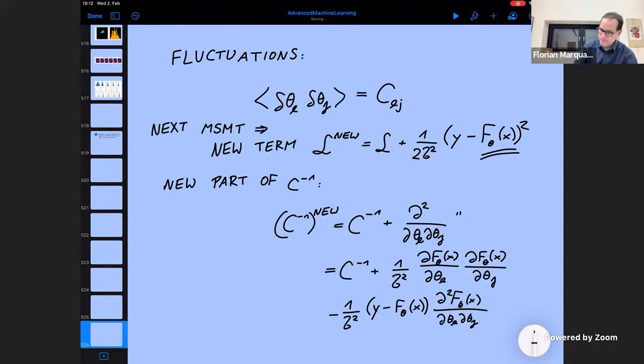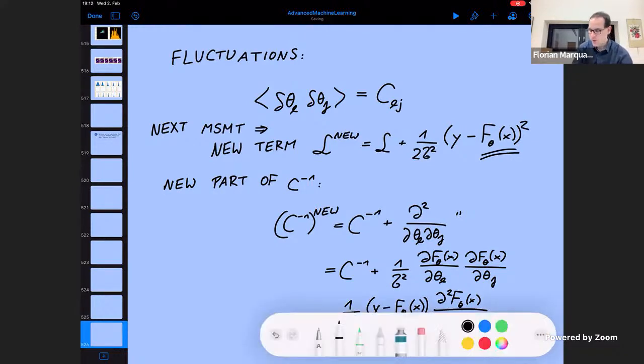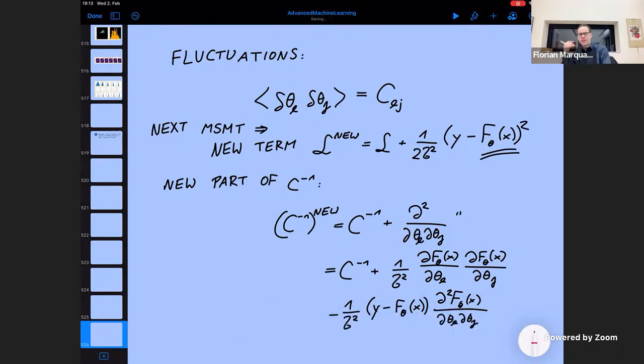Now, the second part may be small. You realize that if we did have a completely linear model, so if f theta would be linear, then the second part would completely vanish.